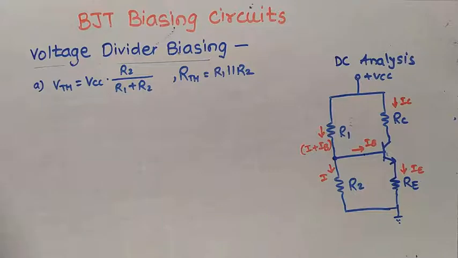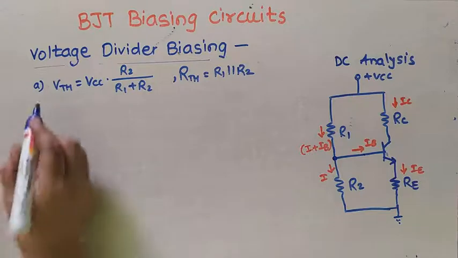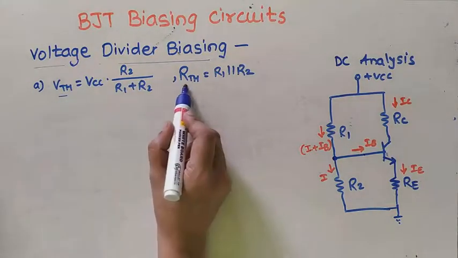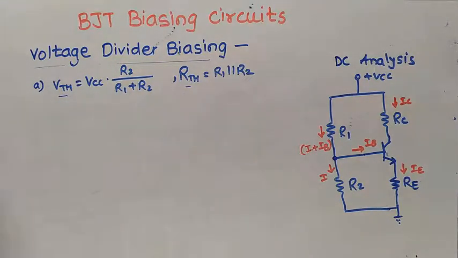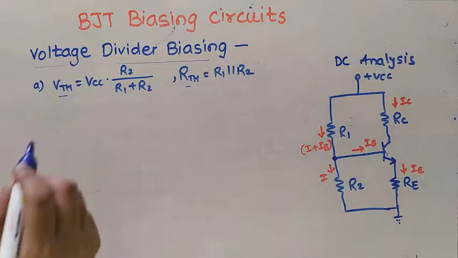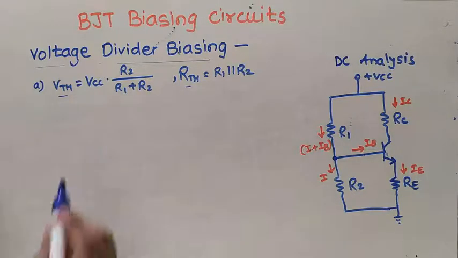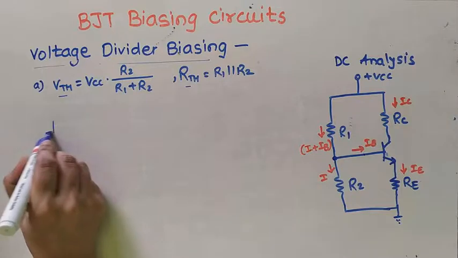Now in the second step, we have to find the current value IB. For that, we have obtained VTH and RTH in the first step, and we have to draw the Thevenin's equivalent circuit. It will be like this.